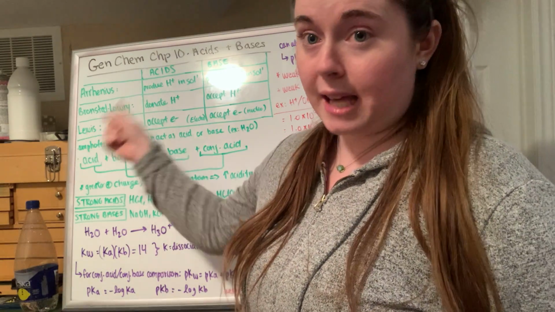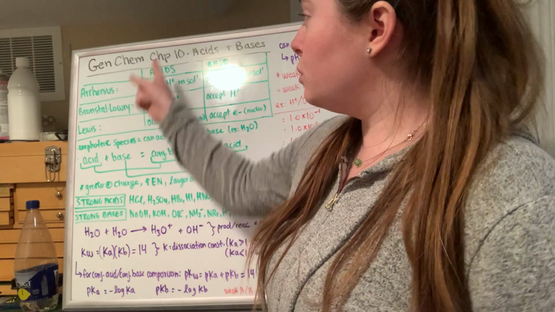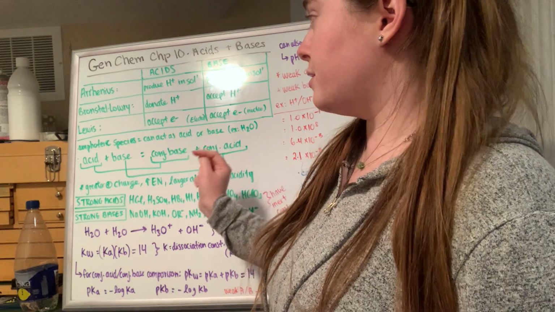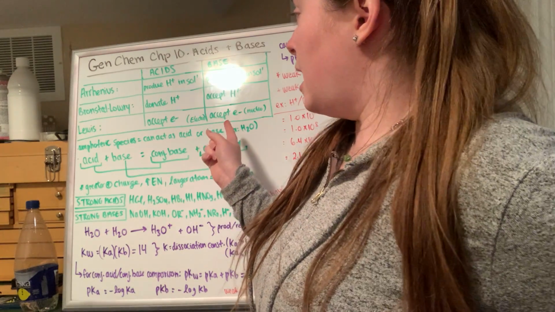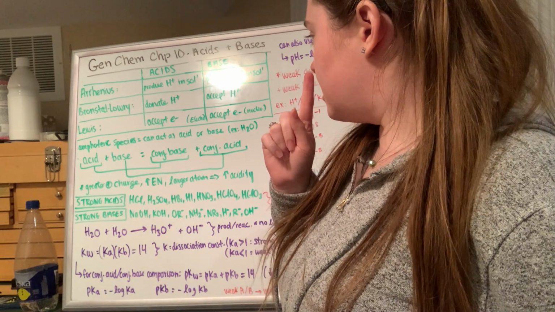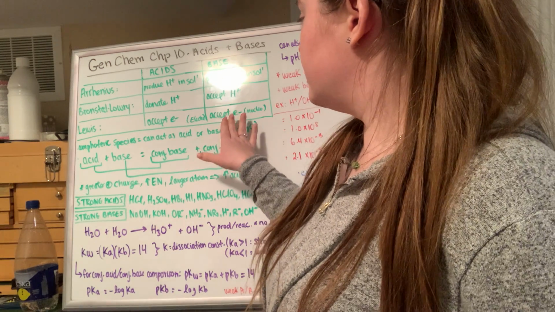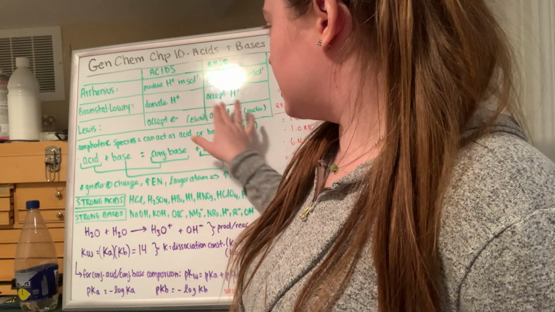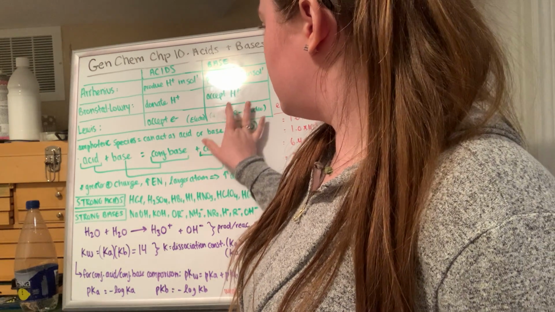Then we have Lewis acids and Lewis bases. Lewis acids accept electrons. They are electrophiles. Where bases, oh my goodness, I said that for both of them. Except this one is going to be donate.